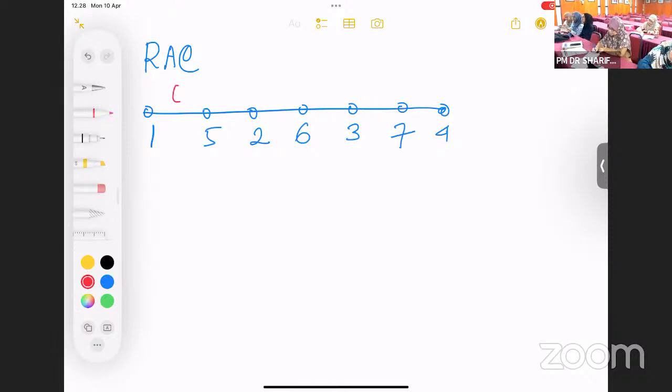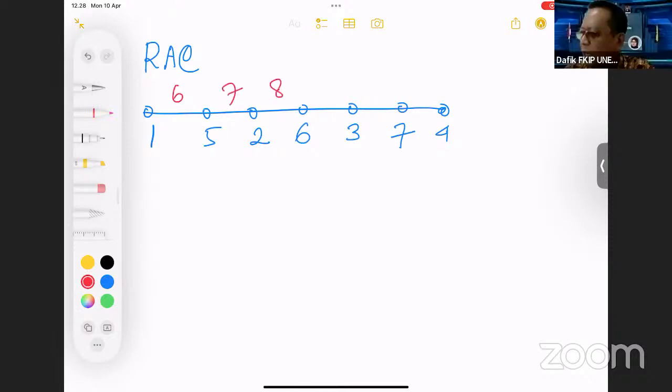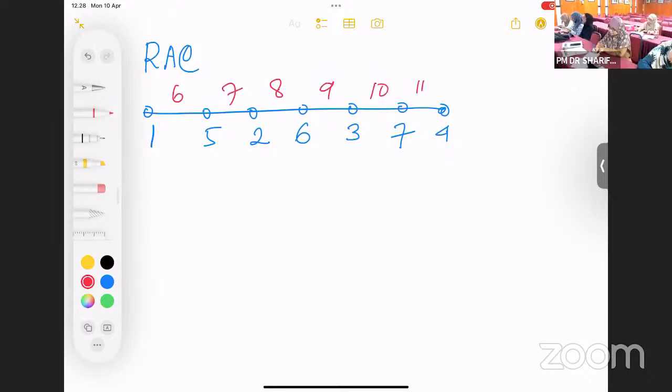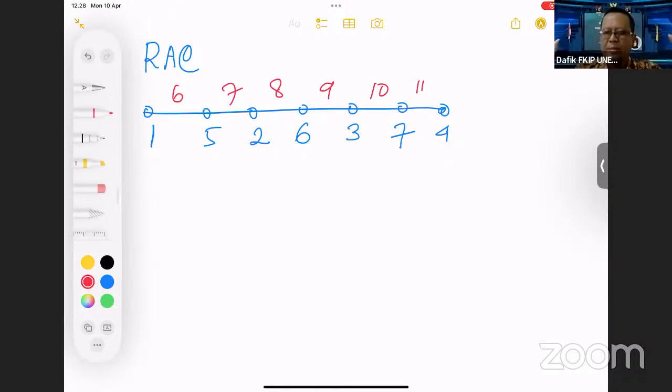Then I can get 6, 7, 8, 9, 10, 11. All distinct. Then it is guaranteed to have the existence of the rainbow path.